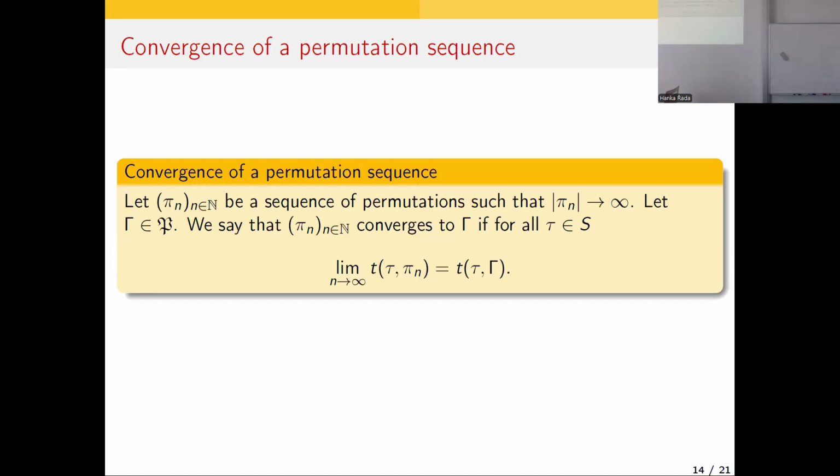And now what does it mean if I say that a sequence of permutations converges to some permuton? It means that the densities of every subpermutation of these permutations converge to the densities of the subpermutations in the permuton. And at the same time, we need the length of the permutations to go to infinity.